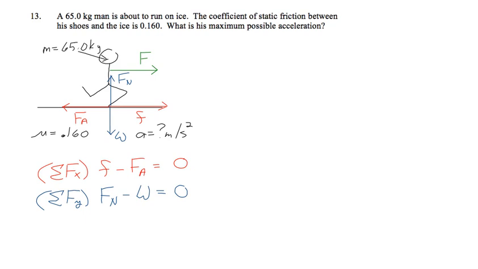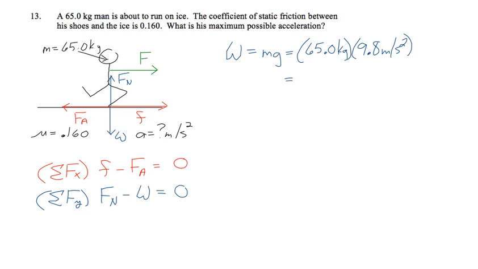So the first thing I would do is, I have the mass, I want the weight. So I'm going to get the weight from the mass. W equals mg. The mass is 65 kilograms. g is 9.8 meters per second squared.